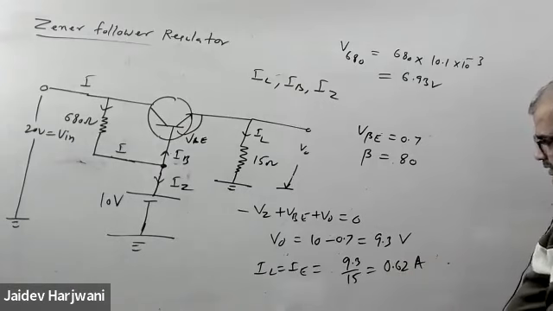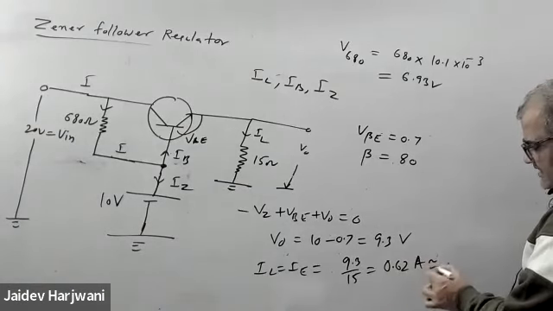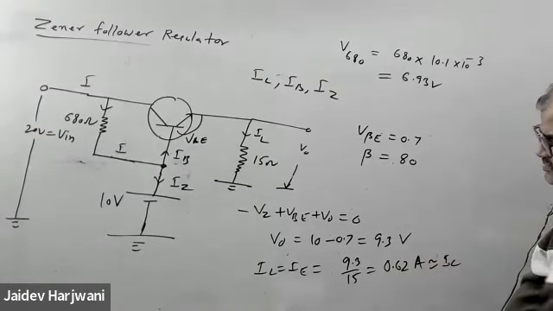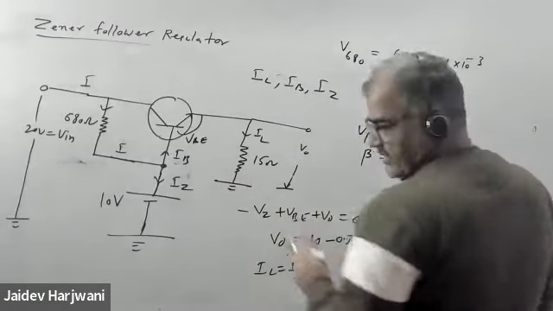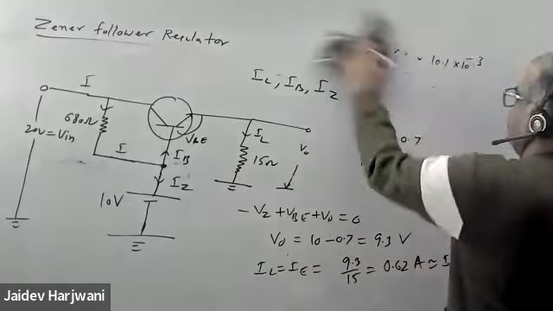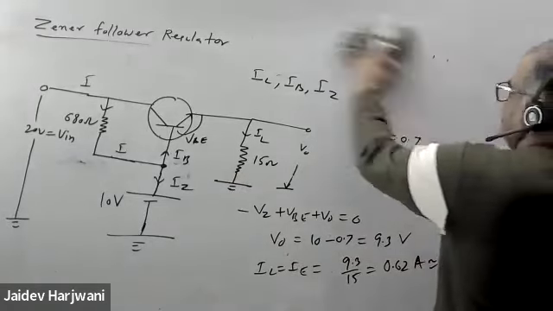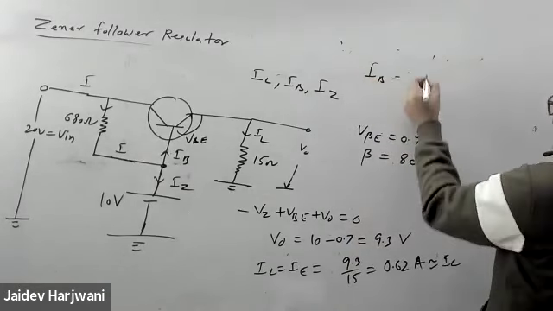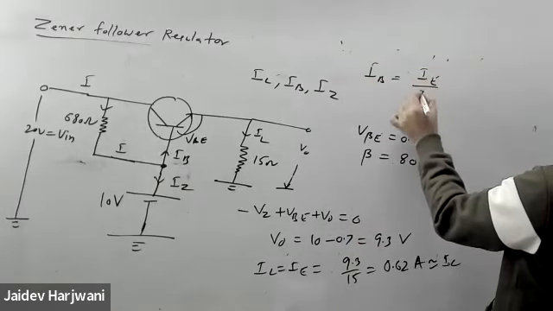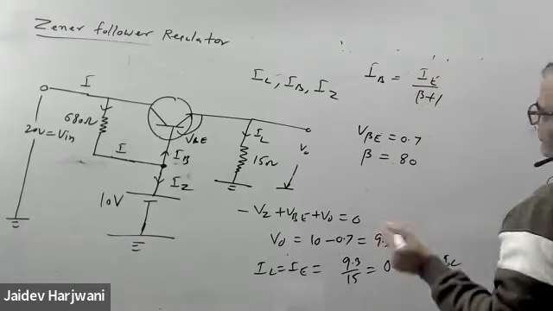Now this is almost equal to IC. Once you know the IE, you can calculate IB. So what is the value of IB in this particular question? IB will be IE upon beta plus 1, or IC upon beta, whatever you want to write.